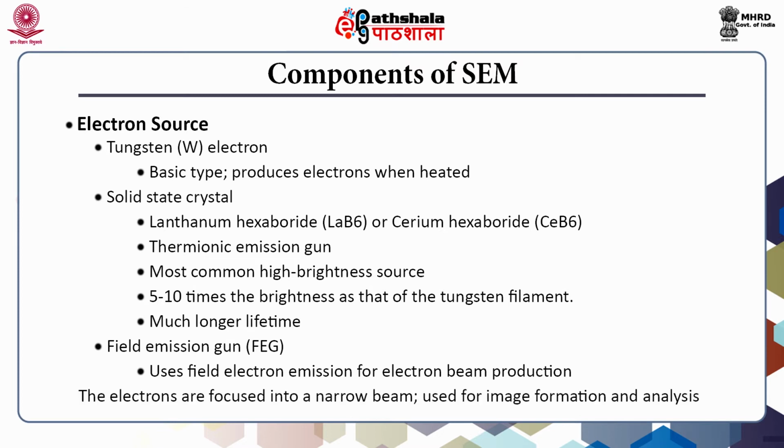Electrons generated by these sources are accelerated to a voltage range of 1 to 40 kilovolt and then further focused into a narrow beam that can be used for the purpose of image formation and analysis of the same.